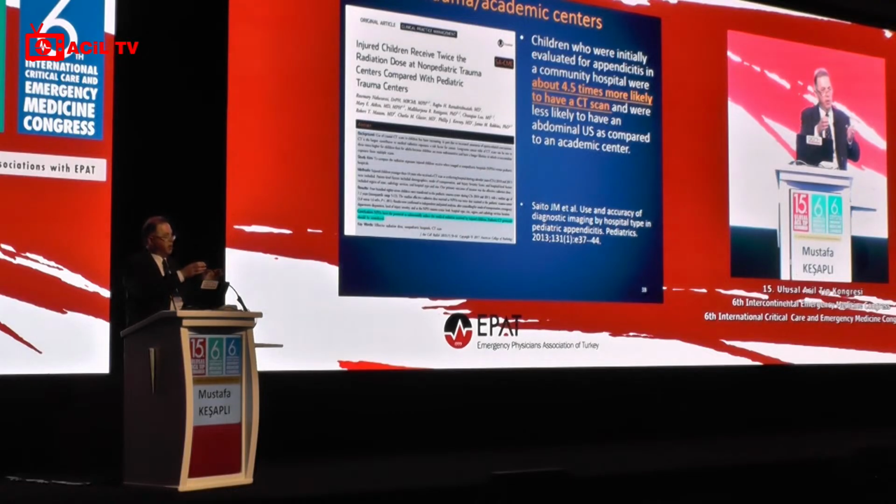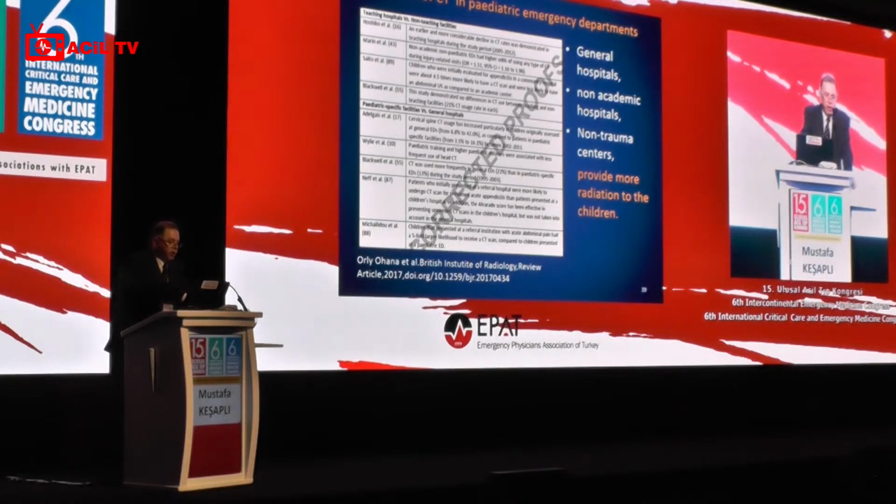In general hospitals, approximately 4.5 times more radiation is used, they are much more eager to use CT, while the pediatric centers use less abdominal CT. As you see here, these papers show us that general hospitals, non-academic hospitals, or non-trauma centers provide more radiation to our children. So it needs a little bit of attention at this point, in my opinion.